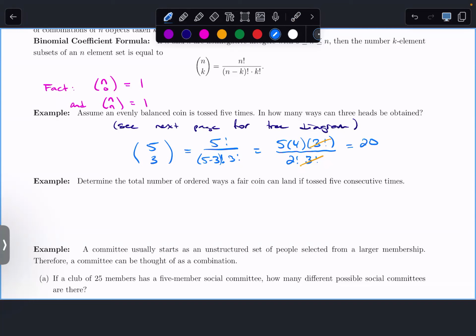So 20 divided by 2, which makes 10. You can try it on your calculator, right? I've got an nCr button on your calculator. You can try it.